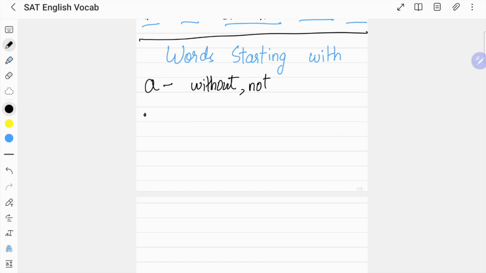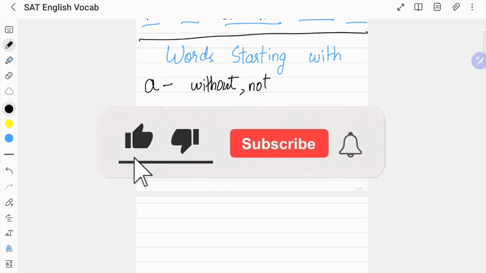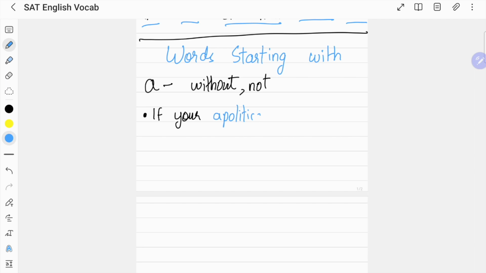Let's take the word apolitical. This word means that you're not a political person.